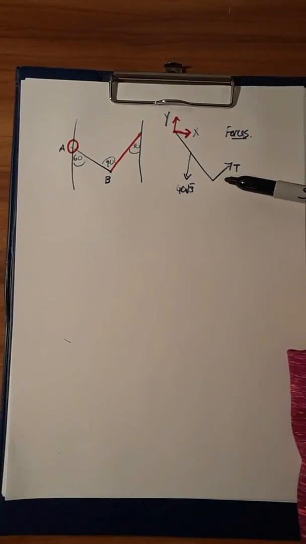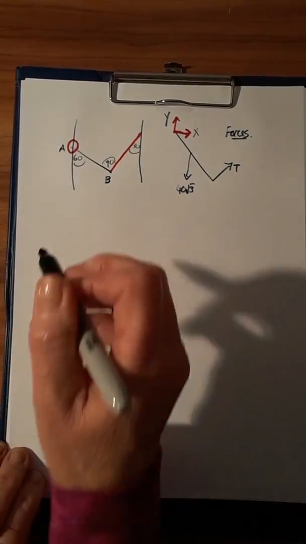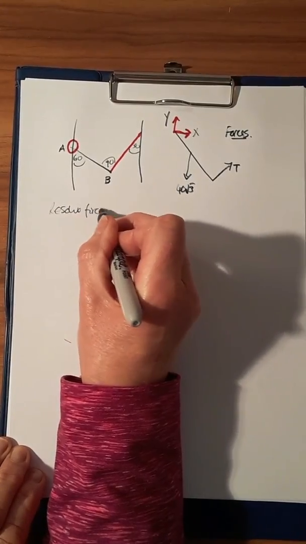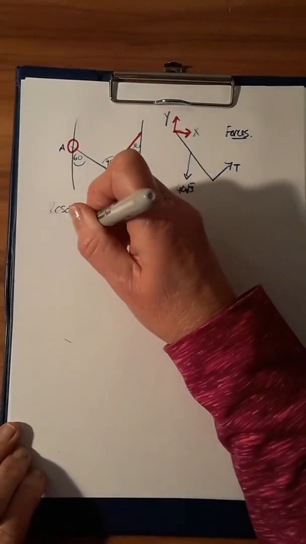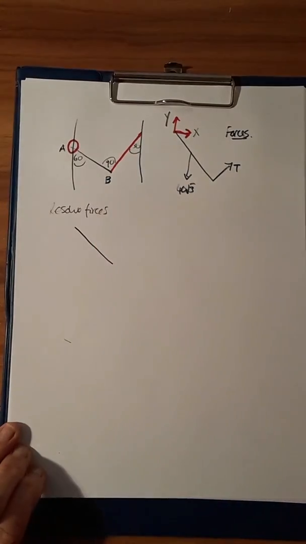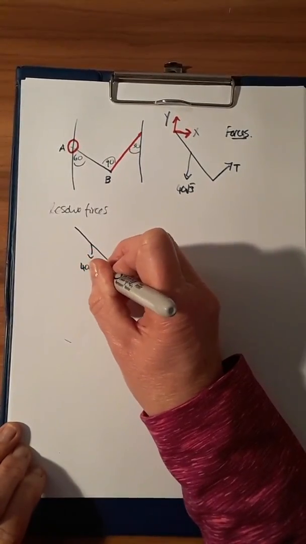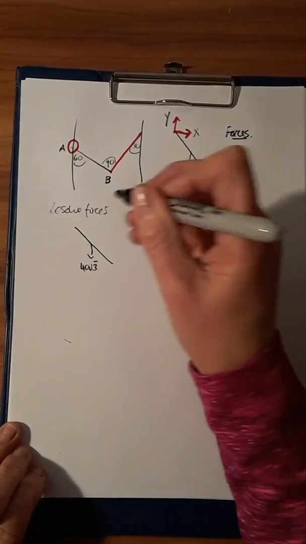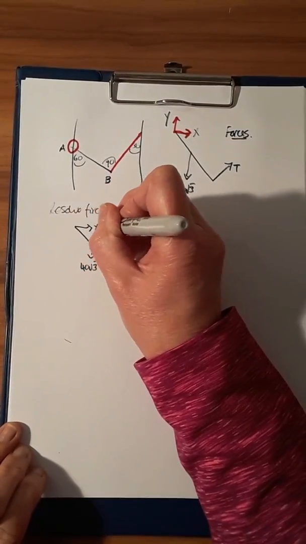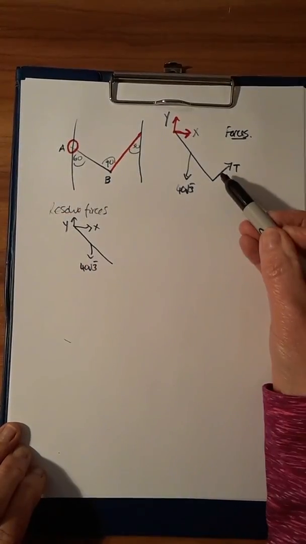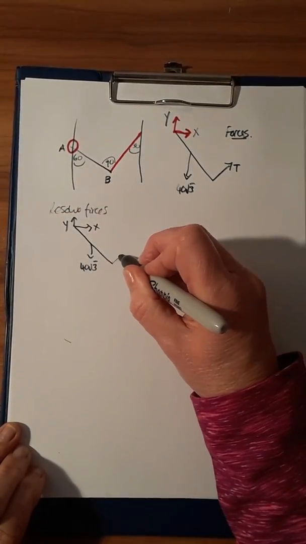I'm going to have to now draw a diagram resolving the forces, so that I can use the diagram. Okay, so here again, this is 40√3. This is my force diagram. This is the x component, this is the y component. The T. Okay, so here's my T force.